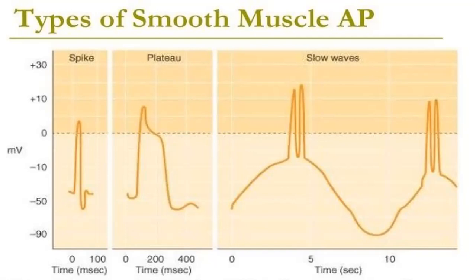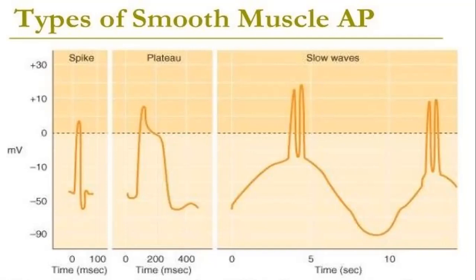Smooth muscle cells can display divergent electrical activity. There are slow sine wave-like fluctuations, a few millivolts in amplitude, and spikes that sometimes overshoot the zero potential line and sometimes do not.